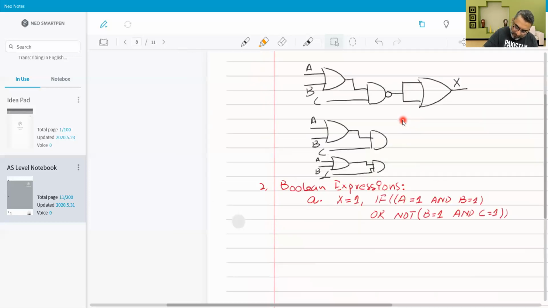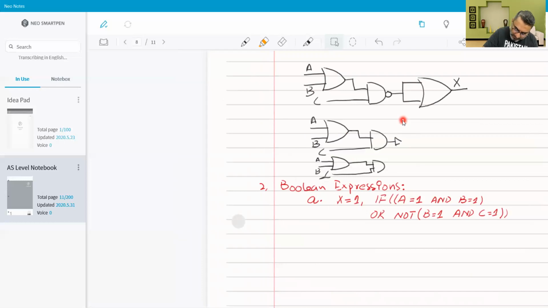And they both are being inverted and then ORed. You can judge for yourself which one is better, shorter and more precise.